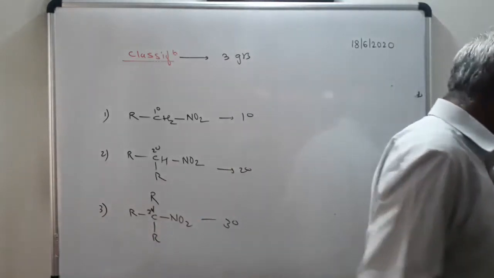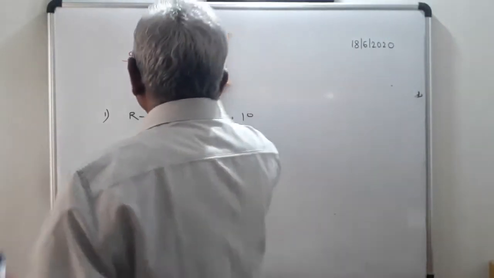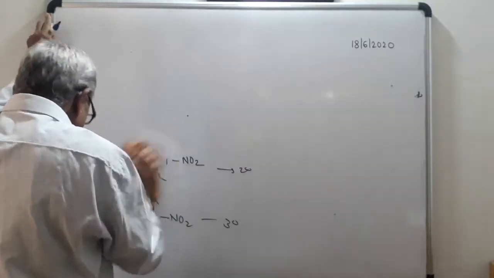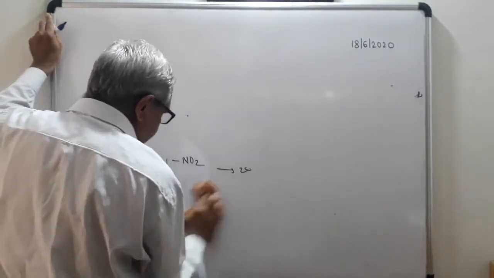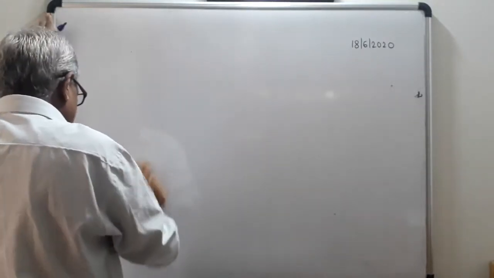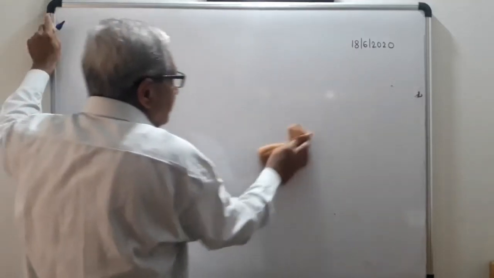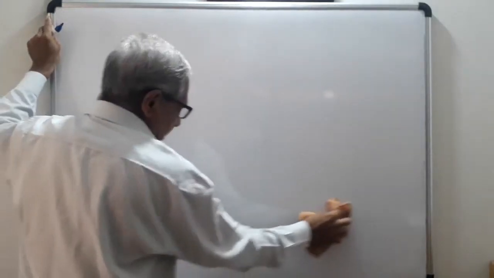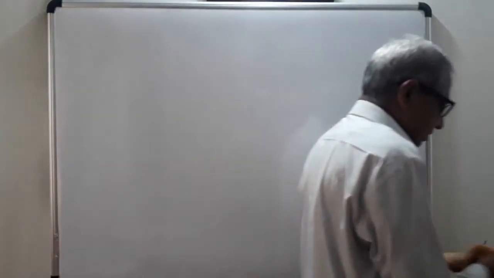Now the next point, that is the nomenclature. Nomenclature is not given in your textbook, but sometimes a question will be set on the title, nomenclature of nitro compounds. So give the title, nomenclature of nitro compounds.